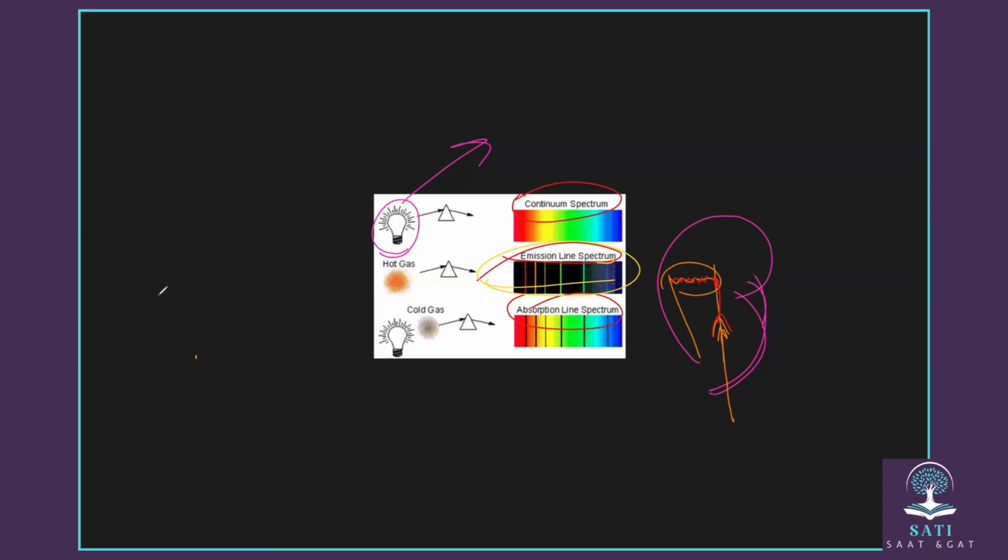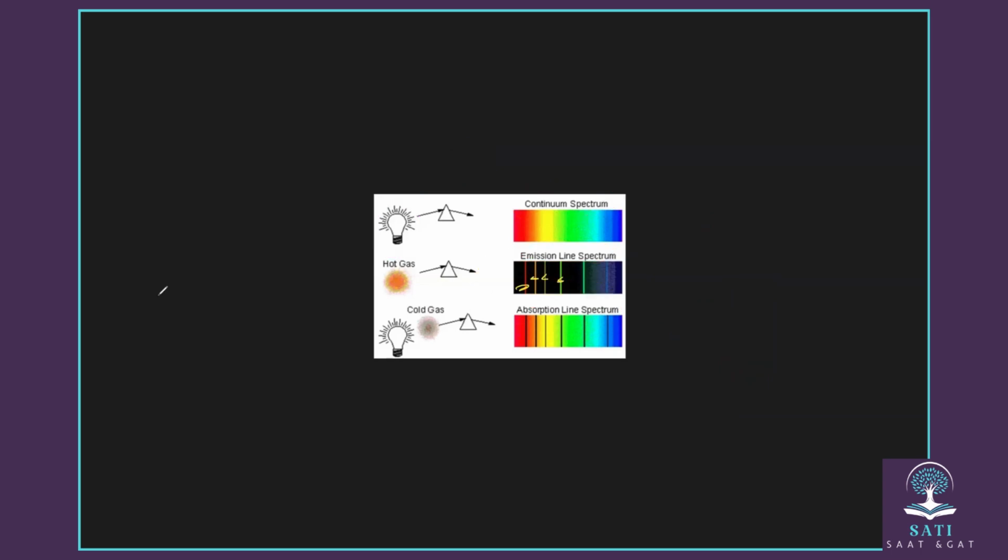As you see, these colors are the emission colors for this gas, the spectrum for one of the elements. Another element will have a different emission spectrum.